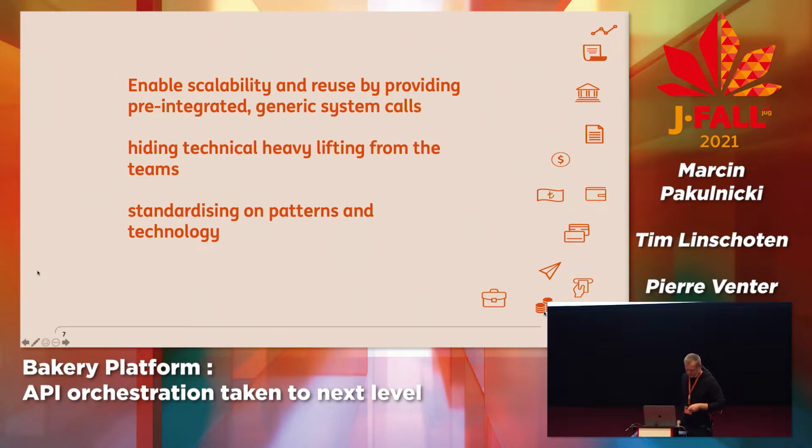So there's three things, and there's three things where the Baker library actually comes into play, which you'll see in a minute. You need to enable scalability, so all these calls to all these as-a-service subsystems need to be done in exactly the same way and need to be reused.